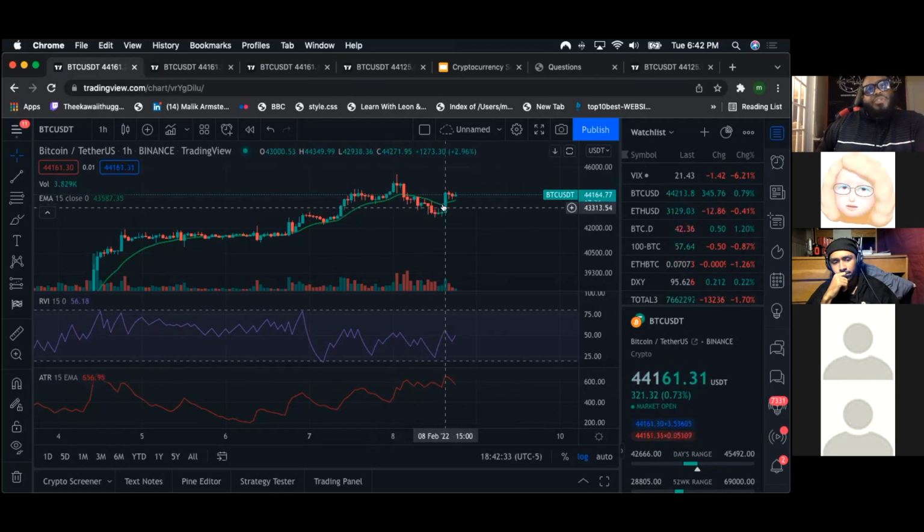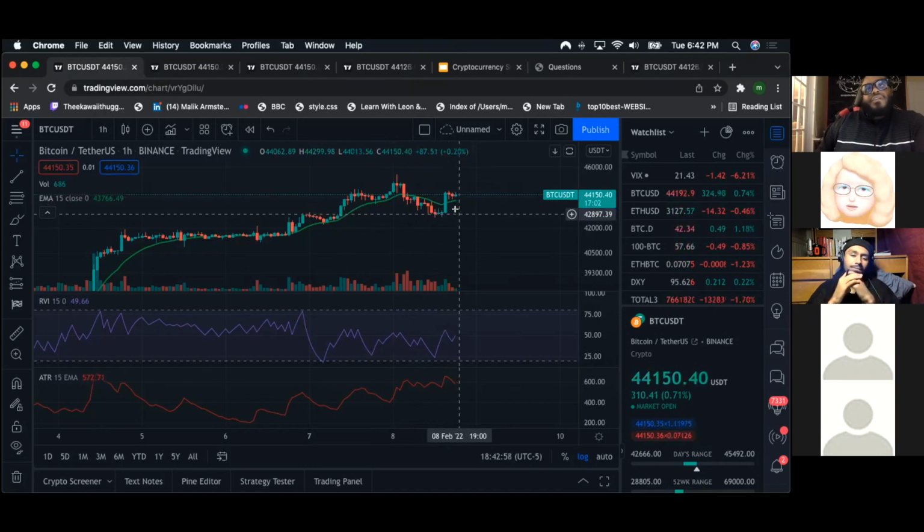Now we see this bullish engulfing candle come up, but there are two small bear candles within the past 2 to 3 hours. So the concern is, do we think Bitcoin is going to reverse and come back down to this support level right here, or will it continue to be bullish and go up?